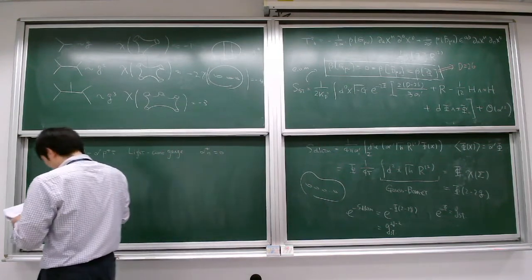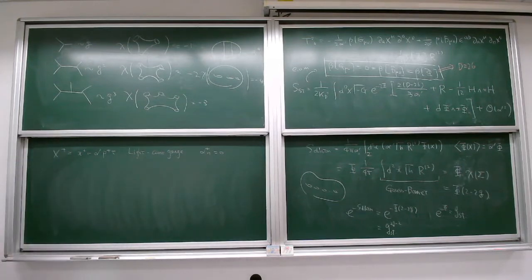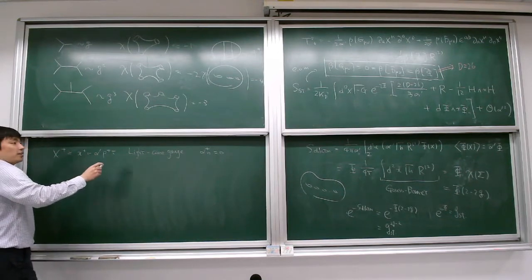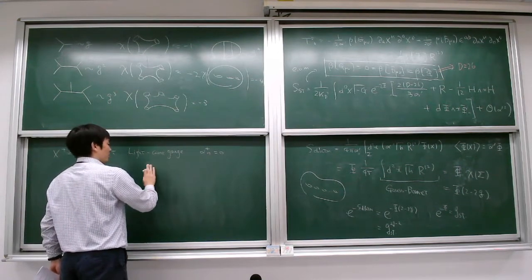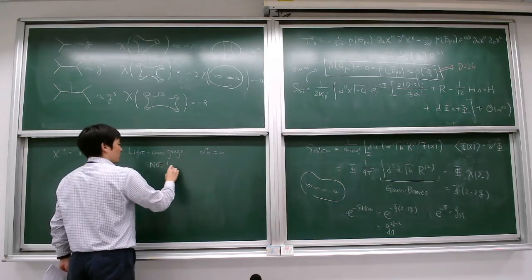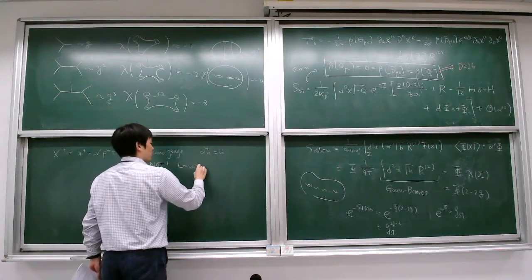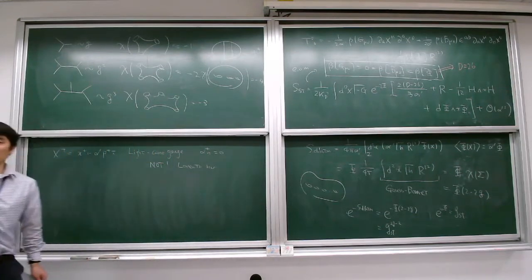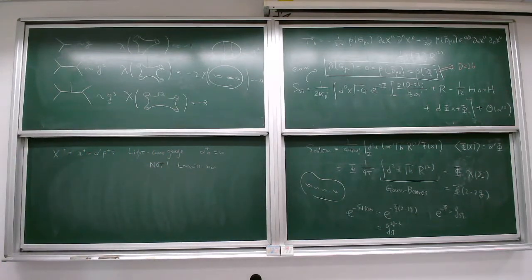That is what we have done to fix the gauge. But this is manifestly not Lorentz invariant, because we fix the light-cone plus direction and impose this condition to fix the gauge. So it is not Lorentz invariant.